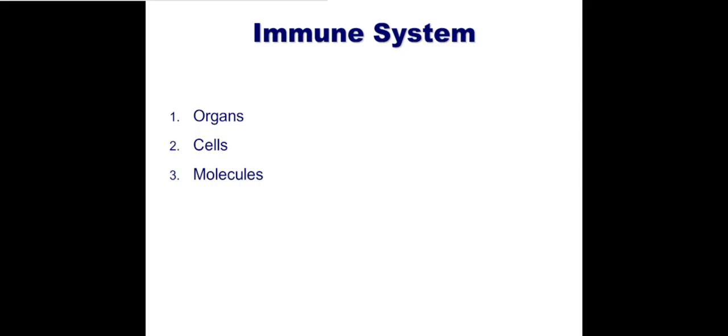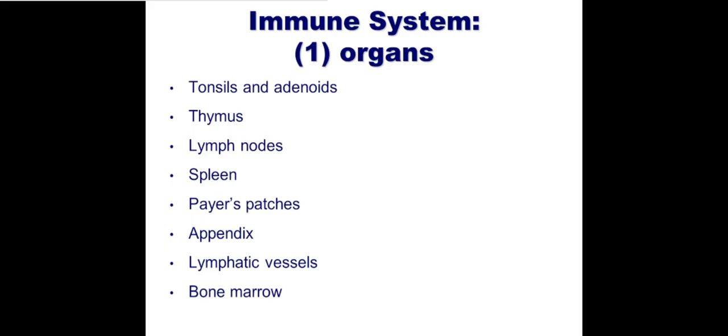There are three types of components that come under the immune system: organs, cells and molecules. The organs that react against foreign particles are the tonsils and adenoids, the thymus, which is most important, lymph nodes, spleen, Peyer's patches, appendix, lymphatic vessels and bone marrow.